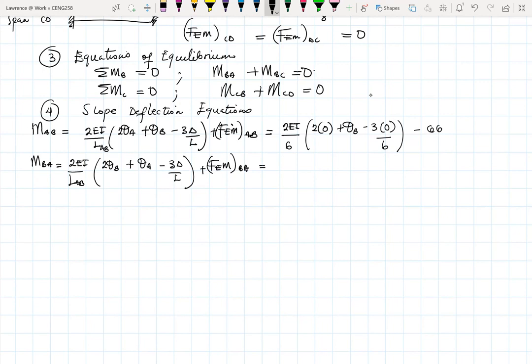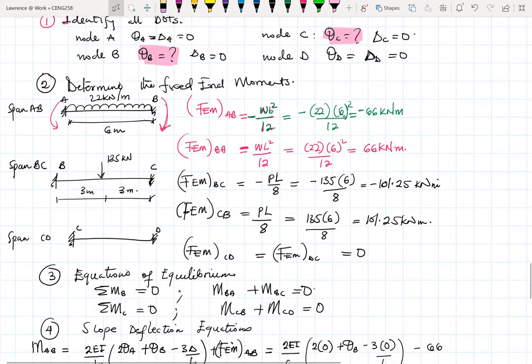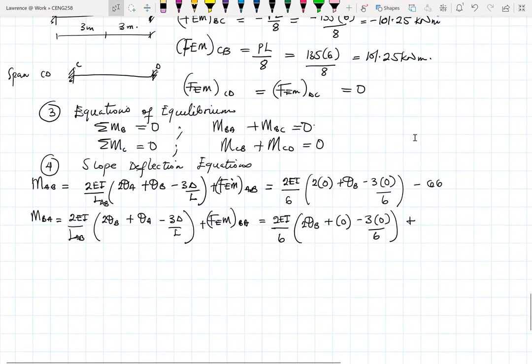So this will give us 2EI, the EI is constant, divided by 6 times 2 theta B plus 0 minus 3 times 0 over 6, plus the fixed end moment at BA, which is 66 right here. So it becomes plus 66.